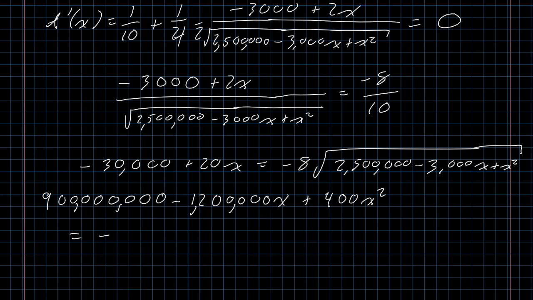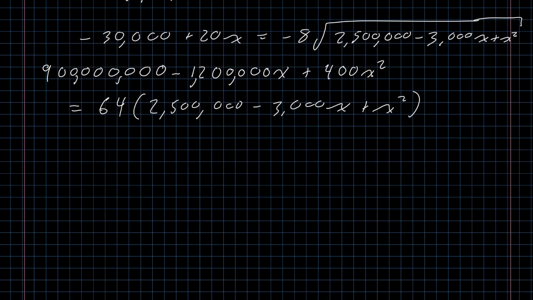This is equal to negative 8. Well, negative 8 squared is positive 64 times the square root of that stuff squared is just the stuff that was inside, 2,500,000 minus 3,000x plus x squared.